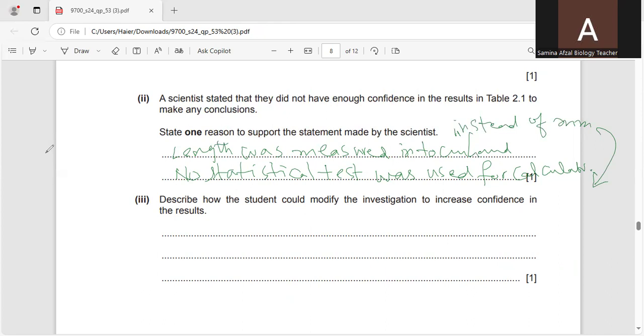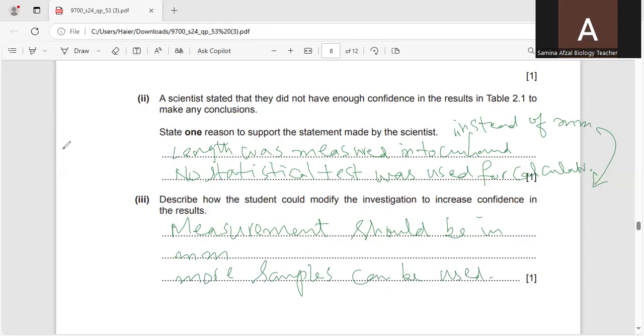So we will write the measurement should be in millimeters, or more samples can be used for this purpose. Or the number of samples can be increased.